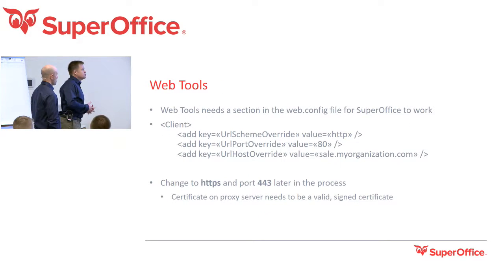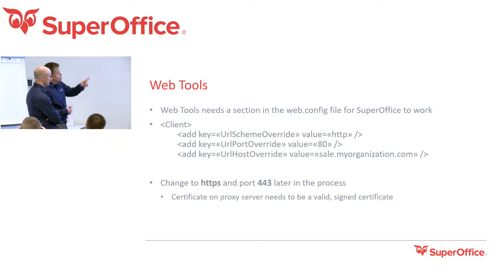If you are going to use web tools, you need to add these 3 keys under the client section on the sales server. That is because web tools needs to know what your outside URL looks like, because it has no knowledge of that. You can only see the internal address, because it will try to use the host it's running on.